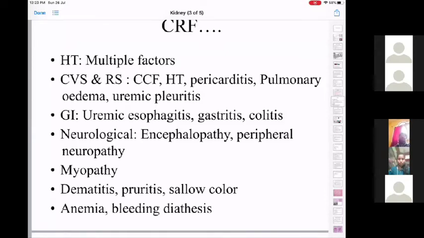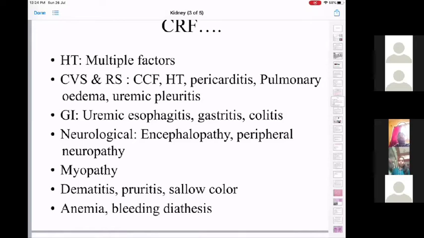Second is the CVS and respiratory system. How does CRF involve the CVS and respiratory system? So in CRF, the chances of CCF, congestive cardiac failure, occur, and hypertension also occurs. So hypertension also involves the cardiovascular system severely. Pericarditis means inflammation of the pericardium. Pulmonary edema may occur, and uremic pleuritis.